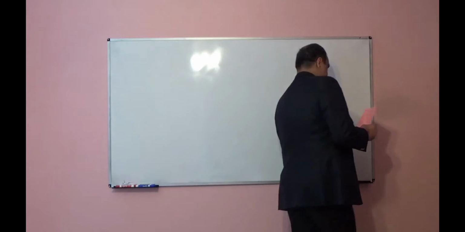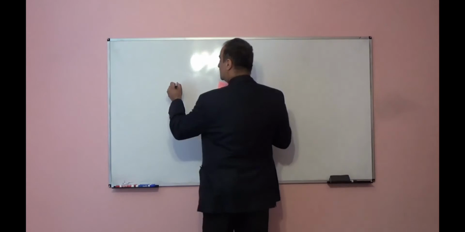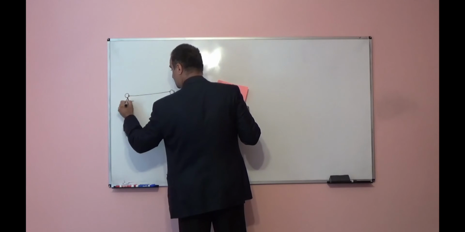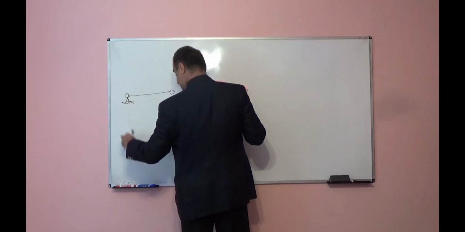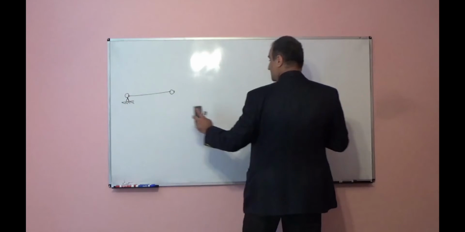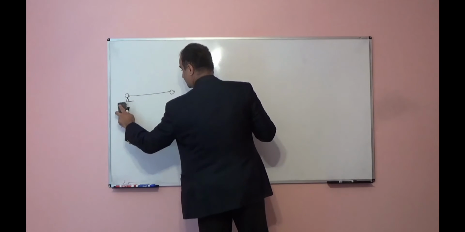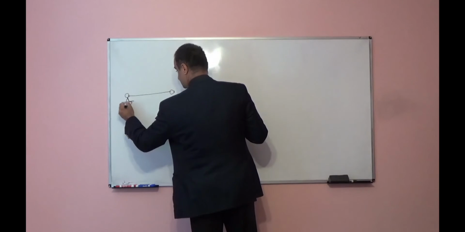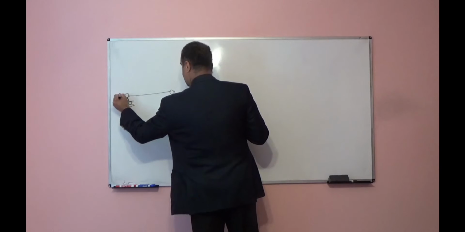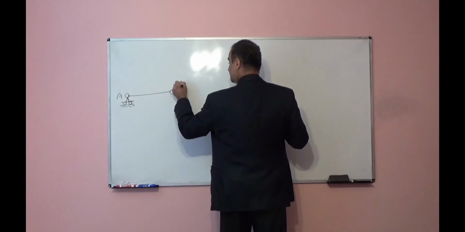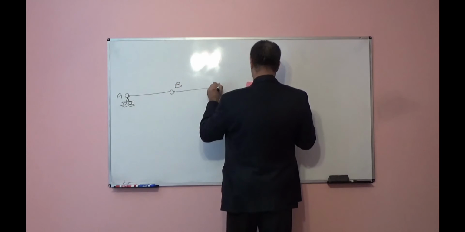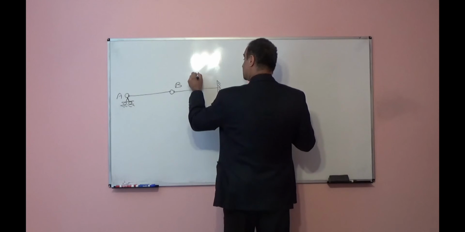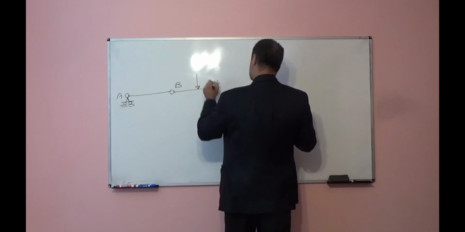Assume we have this beam. This is a roller support, point A. Here we have hinge B. Then we have a fixed support, and here we have a concentrated load.